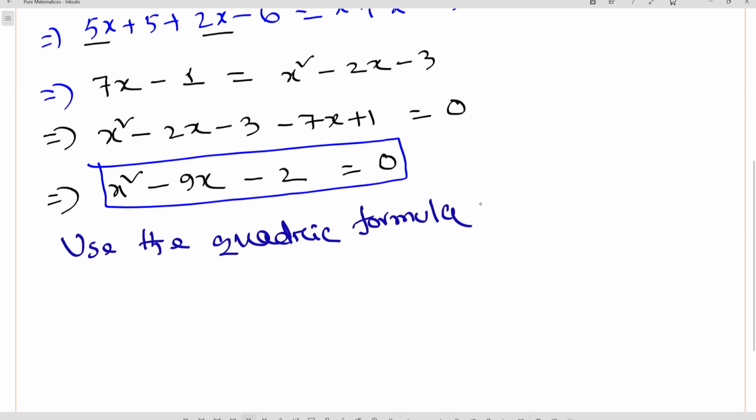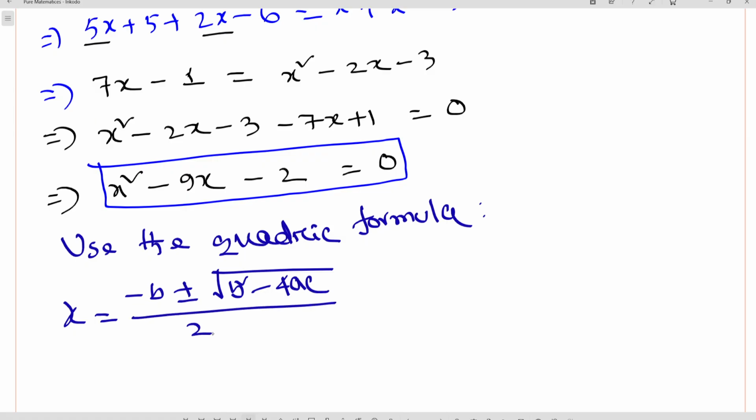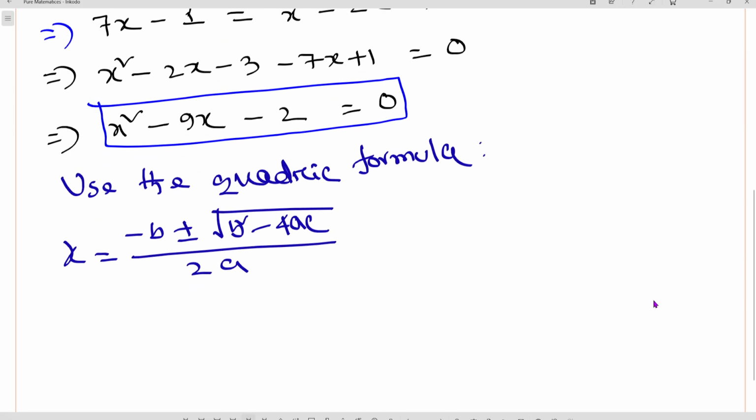Okay, so x equals what? We know x equals minus b plus or minus root of b squared minus 4ac, divided by 2a. Once we compare with ax squared plus bx plus c, a equals 1, b equals minus 9 and c equals minus 2.